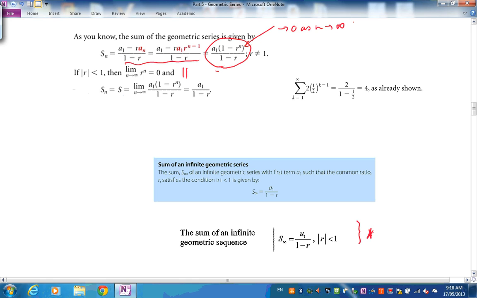You've raised a fraction to a bigger and bigger power, and therefore you talk about the sum as the limit of that. As n tends to infinity, what's that going to do? If we take an infinite number of terms, not a partial sum, it's going to tend to mu1 over 1 take r.